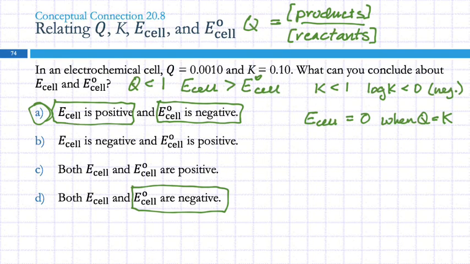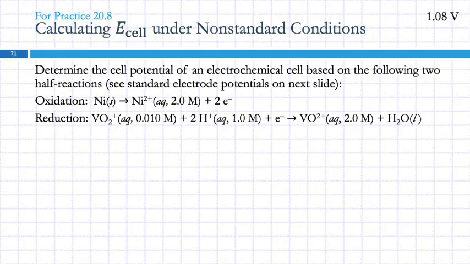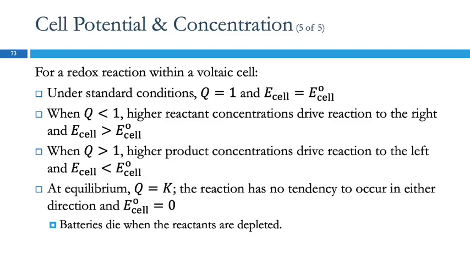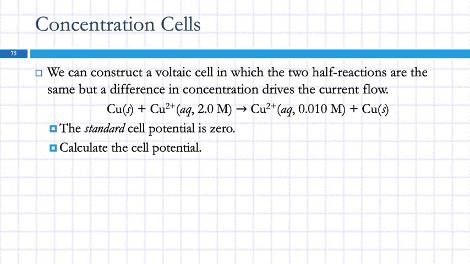So let's see if we can get back to where we were. So we can construct a voltaic cell in which the two half reactions are actually the same. But it can still generate electricity because a difference in the concentration can drive current to flow.